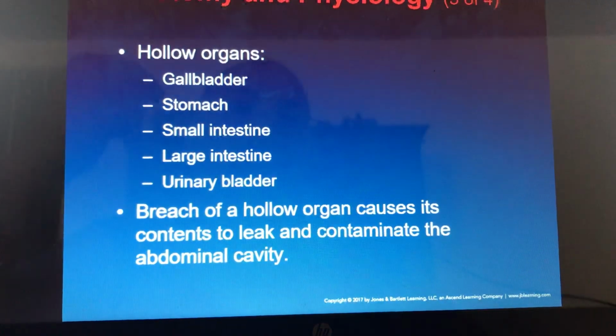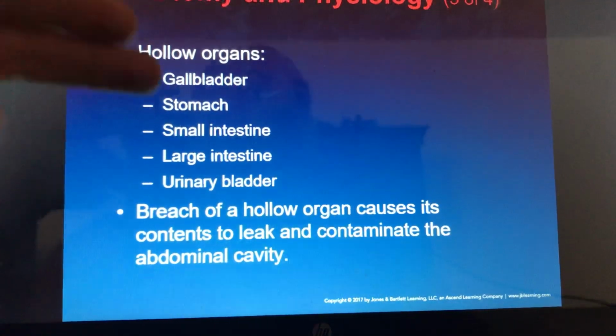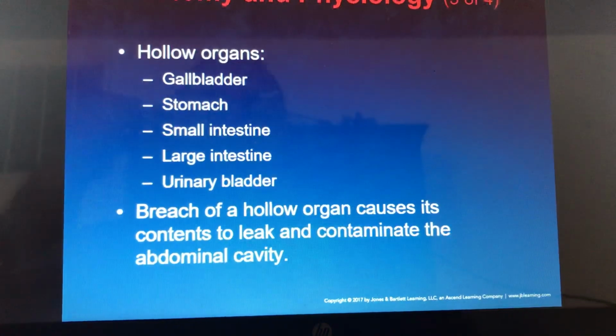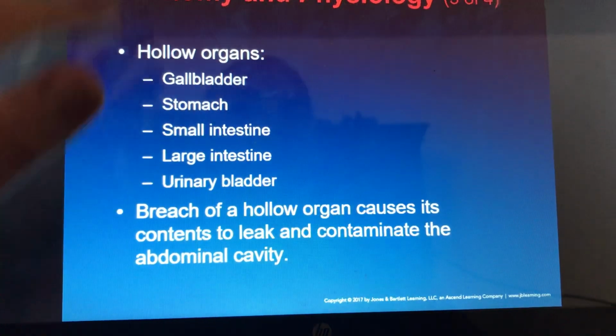If they do rupture, the contents will leak into the abdominal cavity. Anything in the abdominal cavity other than air, space, or normal saline, which we'll talk about in a little bit, will cause issues and problems. So you want to make sure that all of these hollow organs contain the material they have inside of them.